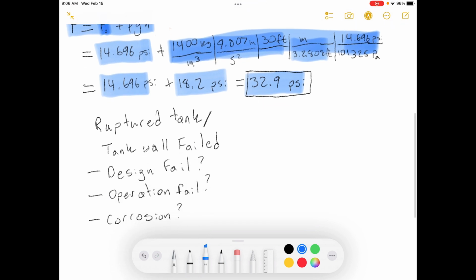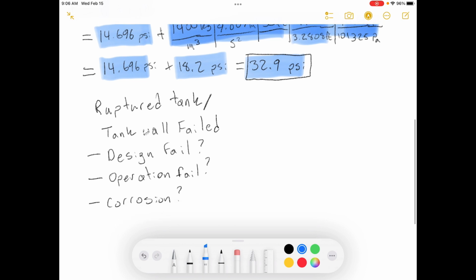Okay, and then it says estimate two possible causes why this accident might have happened. Well, if the tank ruptured, that means the tank wall failed. The tank wall could fail because they were operating outside of the design, or because the tank was not designed for the operation it was handling.